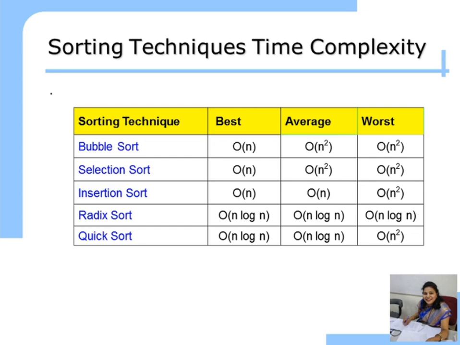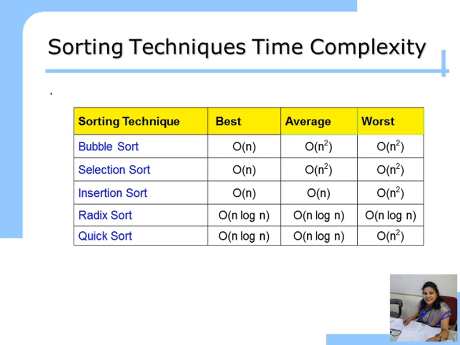For larger arrays, we have two options, radix sort and quick sort. If we consider only the time complexity, then radix sort is the fastest sorting technique, because for any input, best, average or worst, you require only n log n. But considering the space complexity, it requires more space than any other algorithm: bubble sort, selection sort, insertion sort, quick sort.